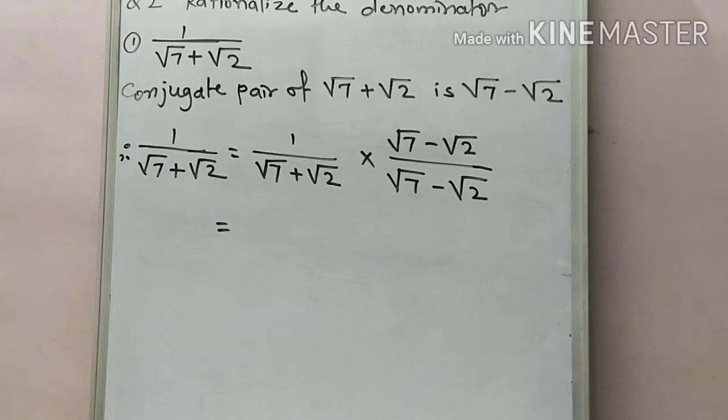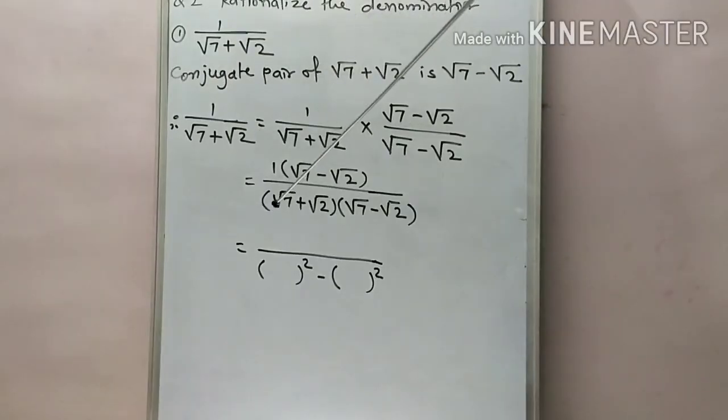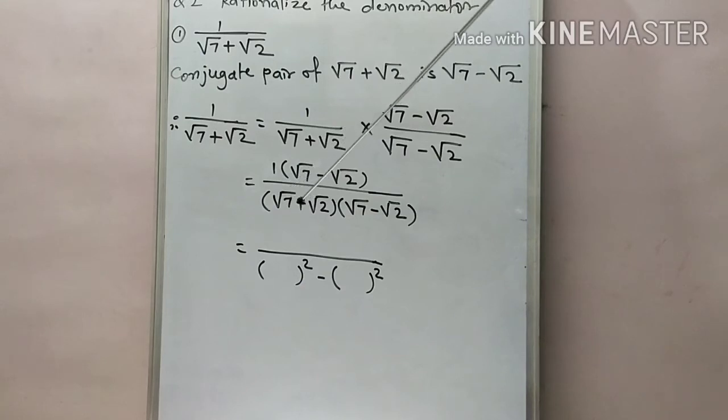Now the next step is what? We multiply the numerators separately and the denominators separately. So the second step is 1 into root 7 minus root 2 in the numerator, and in the denominator, in the first bracket we write root 7 plus root 2, the given denominator, into its conjugate pair root 7 minus root 2. As you open the bracket in the numerator, multiplying 1 with each term, the product is the term itself.